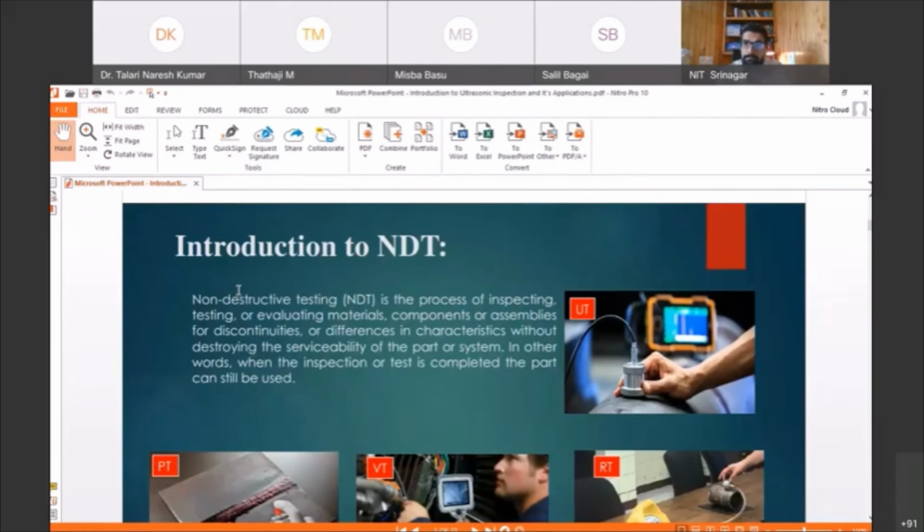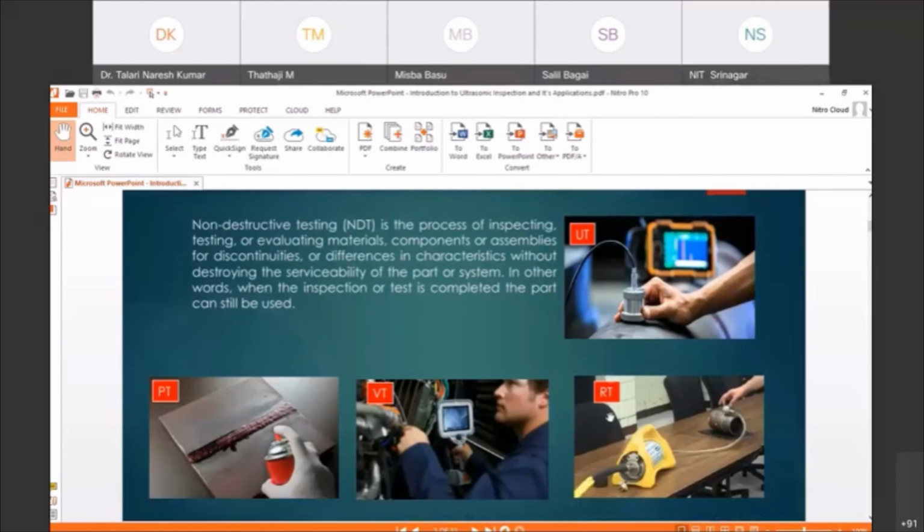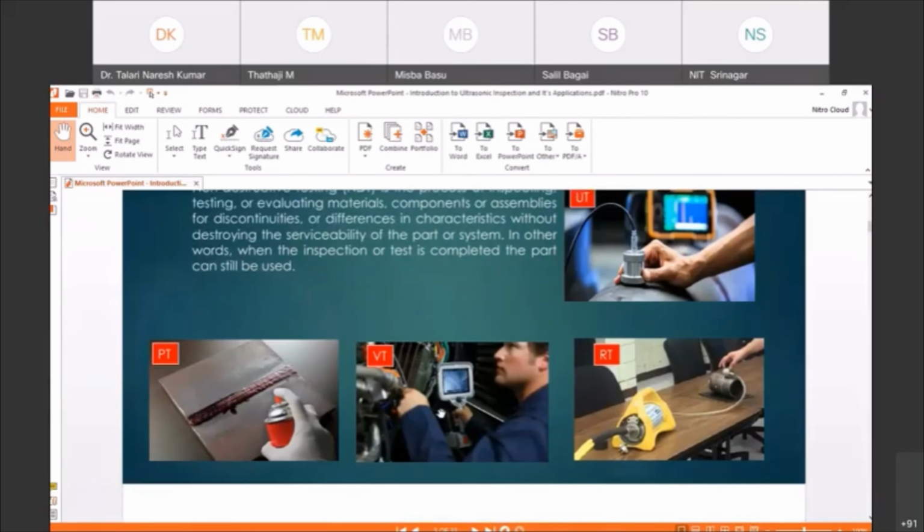If you see on the screen, you can see various methods like UT, ultrasonic testing, where a person is holding the probe, radiography testing using radiation as a medium for profiling, and visual inspection. Here you can see this person holding the borescope, and penetrant testing for detecting surface cracks.